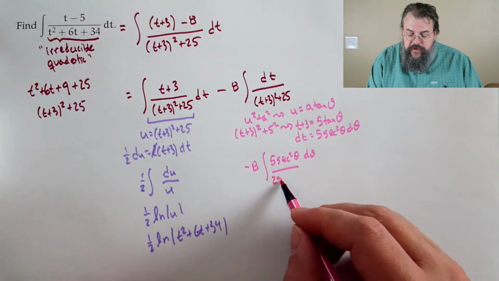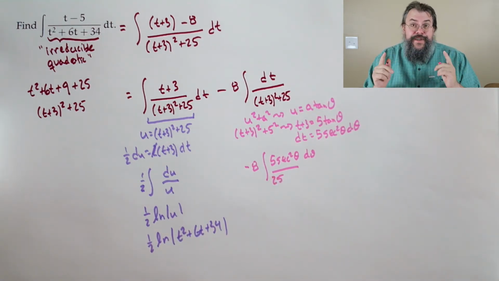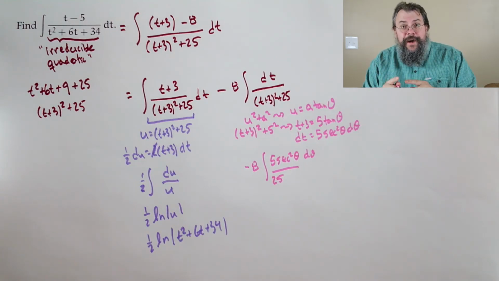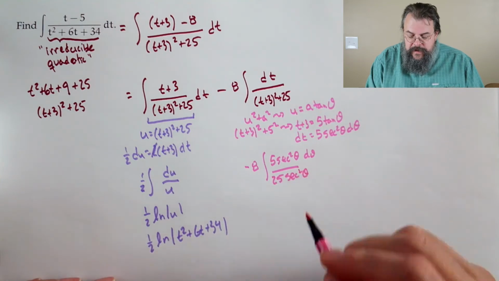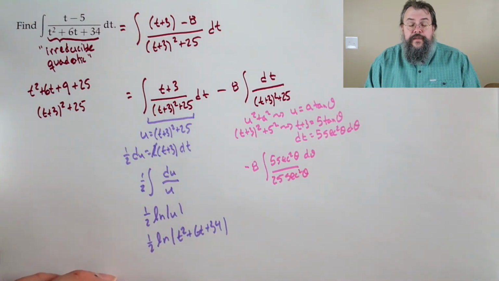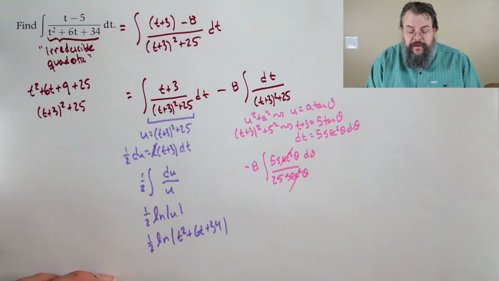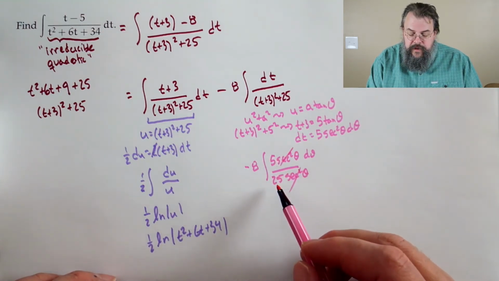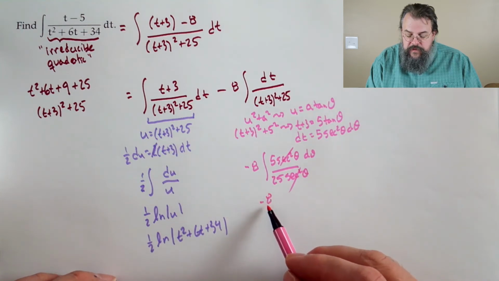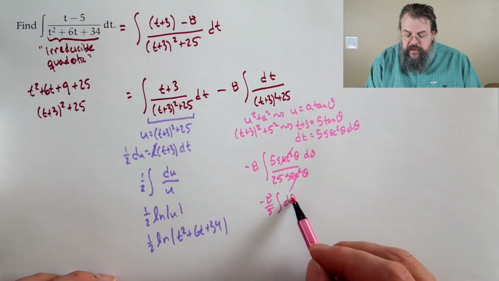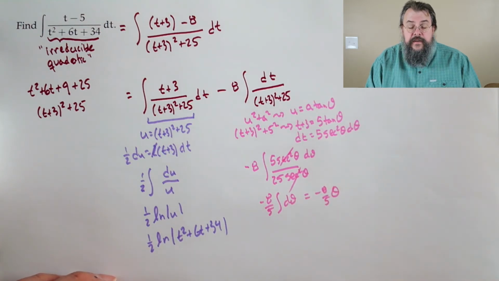Well, factor out 25, then it's tangent squared plus 1, which is secant squared. And we say, wow, that's amazing. The secant squareds cancel. And the 5 over 25 becomes 1/5. So you have minus 8/5 integral d theta. Well, that's minus 8/5 theta.